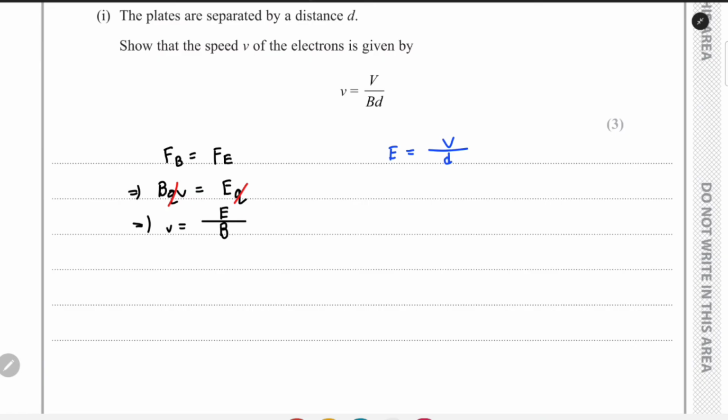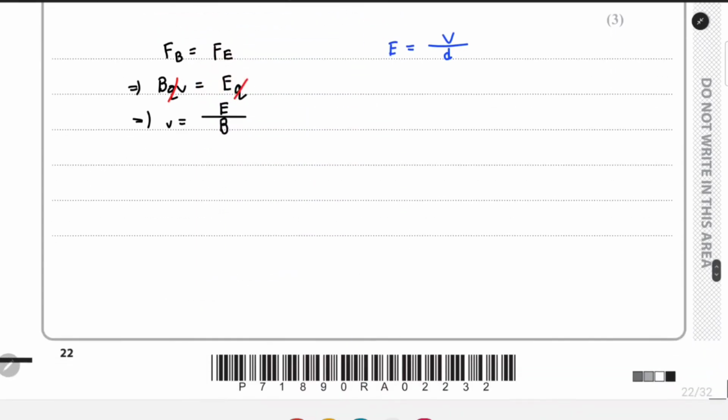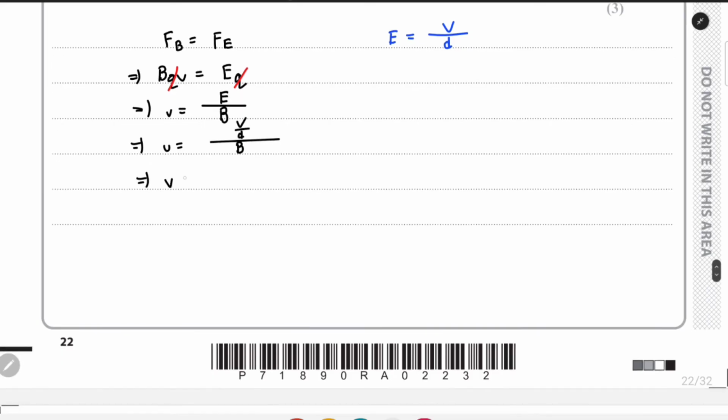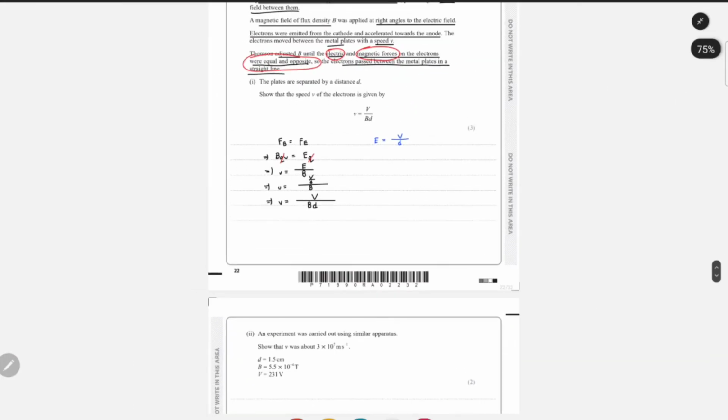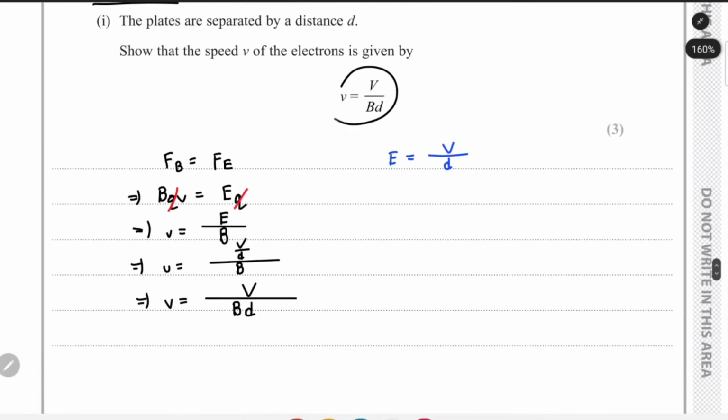So I can replace E with the potential difference divided by d, and the whole thing is divided by B. So the velocity is equal to the potential difference divided by the magnetic flux density times the distance d. We have shown that this equation is the speed of the electron.